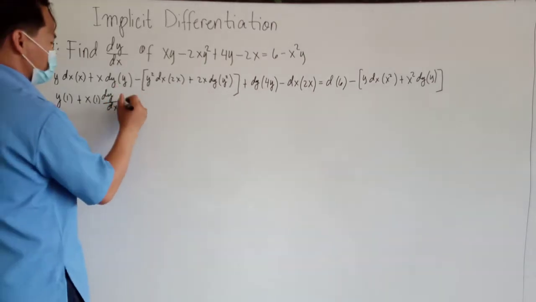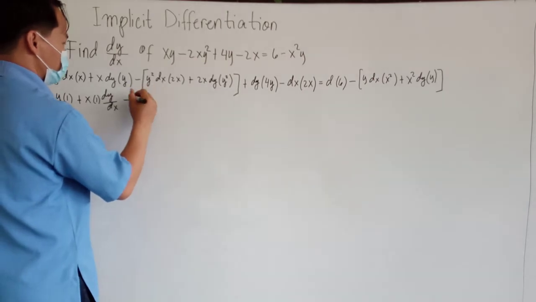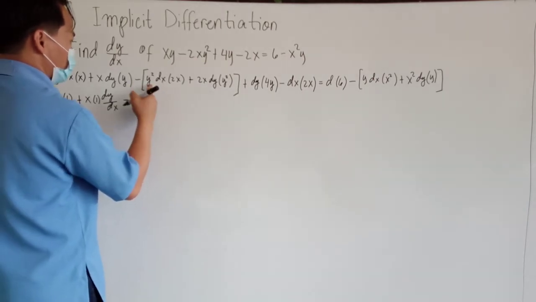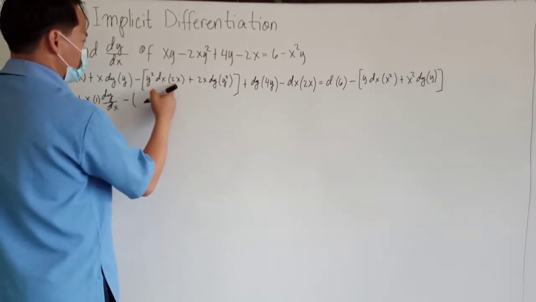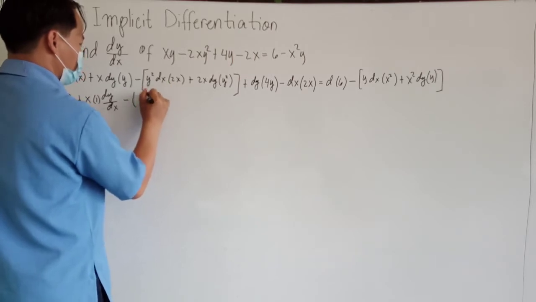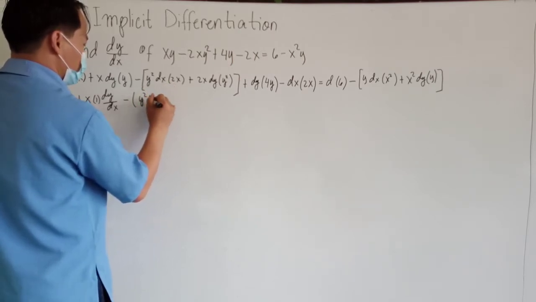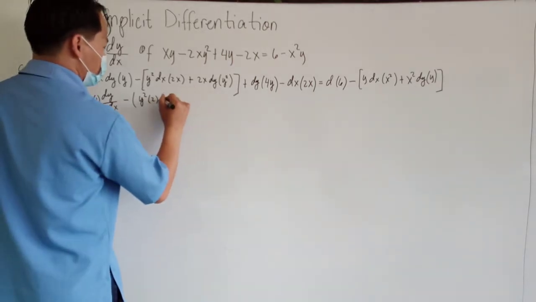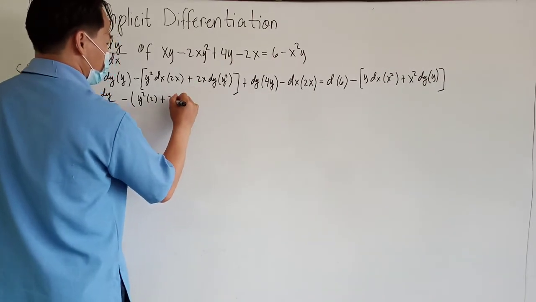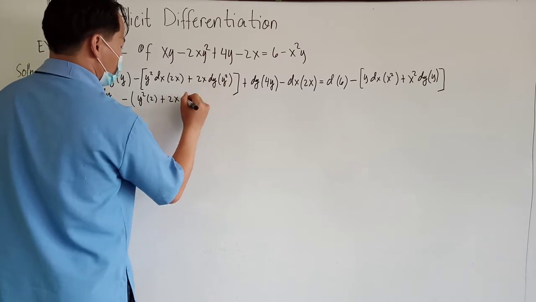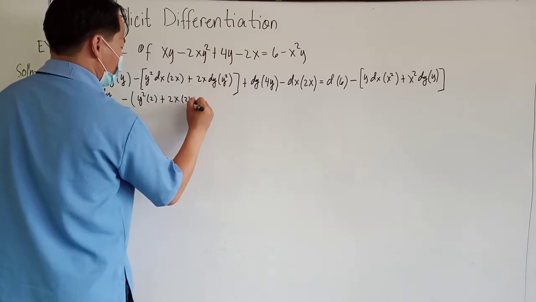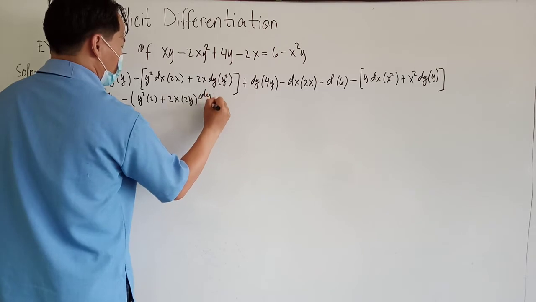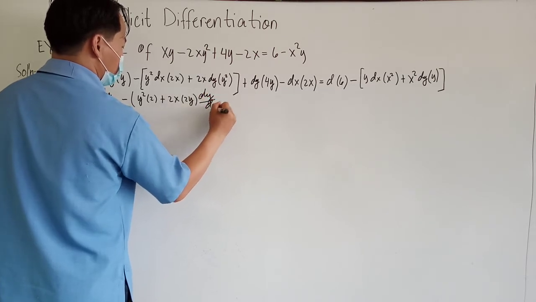Minus the whole quantity, we have here y squared times the derivative of 2x. So we have y squared, the derivative of 2x is 2. Then we have plus 2x, then the derivative of y squared is 2y, times 2y dy over dx.